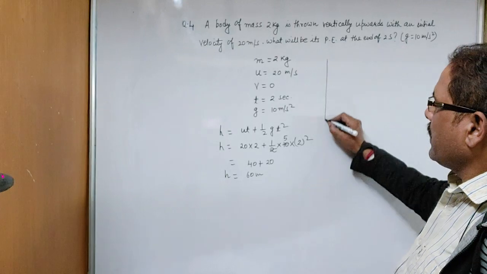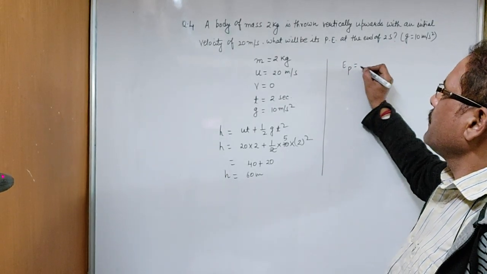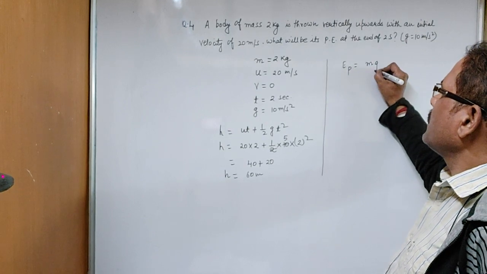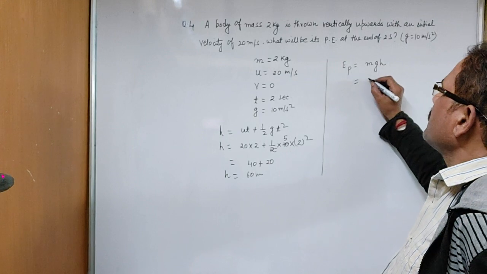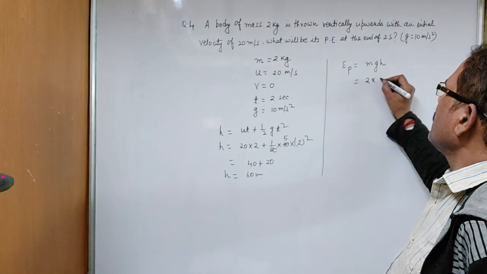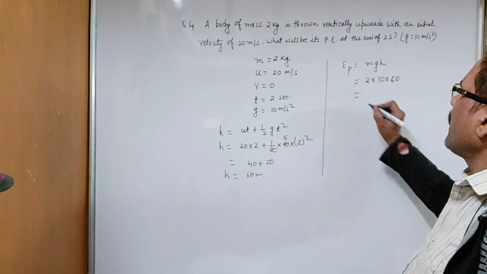So after calculating height, it is easy to calculate the potential energy. Now as we know, potential energy is equal to mgh. So mass is 2 kg, g is 10, and height is 60. Multiply these numbers.